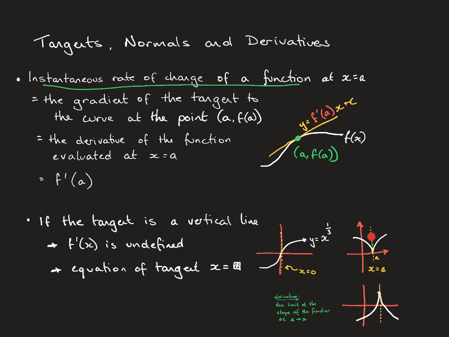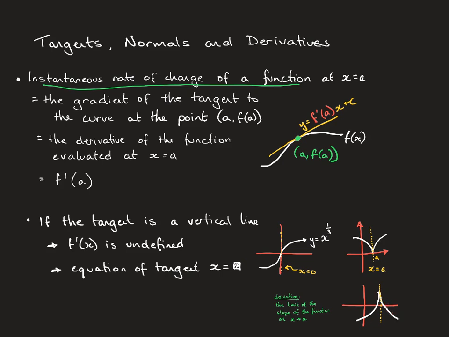So what we've actually got here is a vertical tangent at this point, the steepest that it can get. And the equation of that tangent is in fact x is equal to whatever that a value is there. And that works whether your cusp is pointing down or whether your cusp is pointing up.